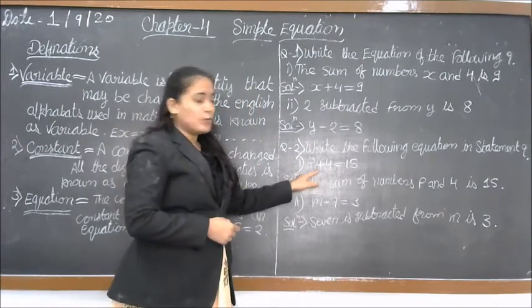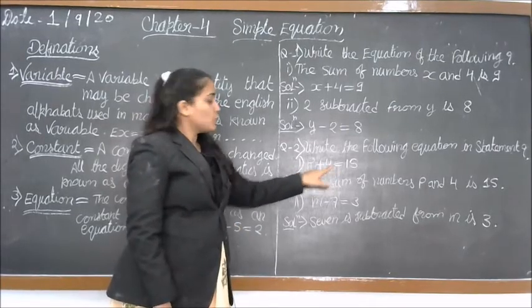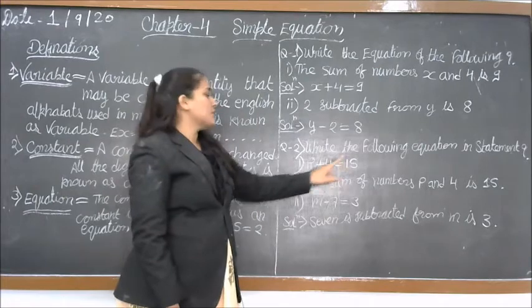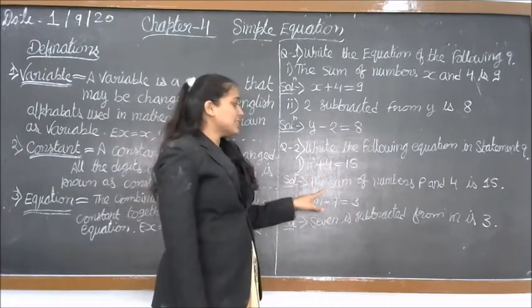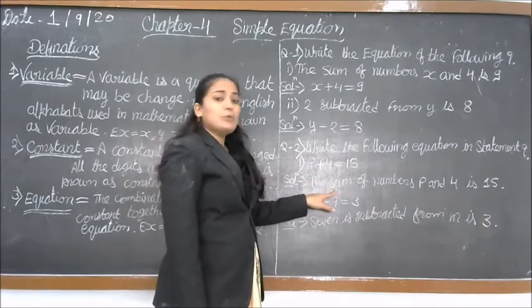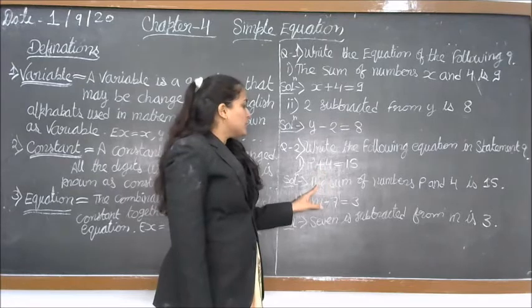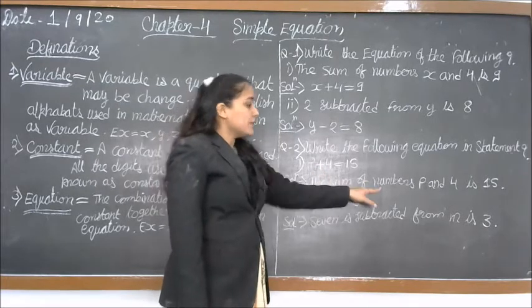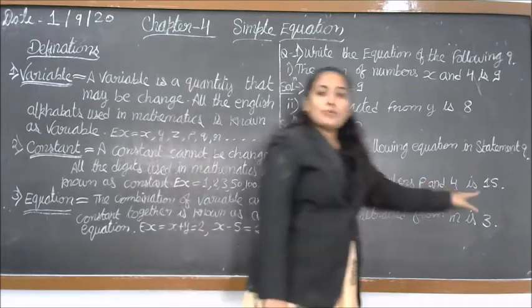P is a variable, 4 is a constant and 15 is also a constant. So, how can we write this in a statement? Why do we put sum here? Because the operation in between is addition. So the sum of numbers p and 4 is 15.